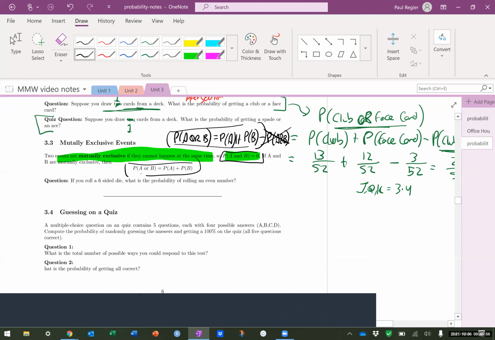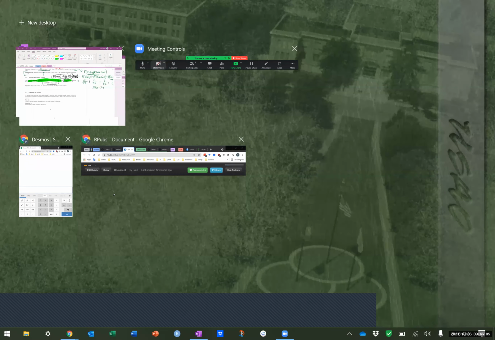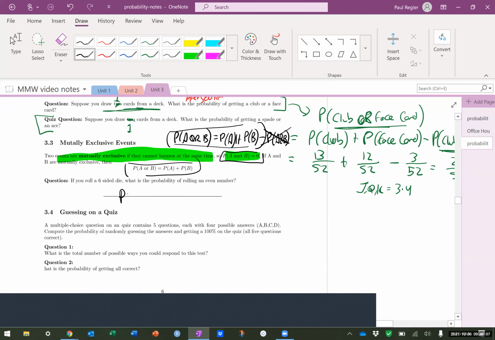So an example of how this is applied is, what if I'm rolling a 6-sided die, and I want to know the probability of rolling an even number? So that's like saying probability of 2 or 4 or 6.